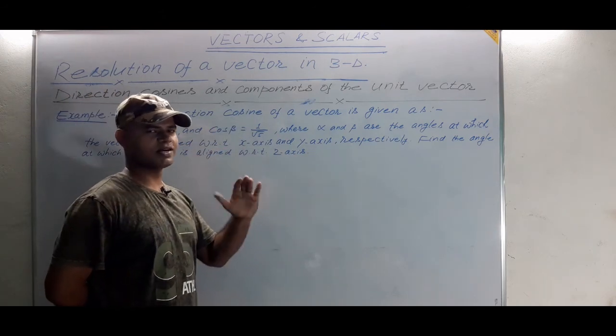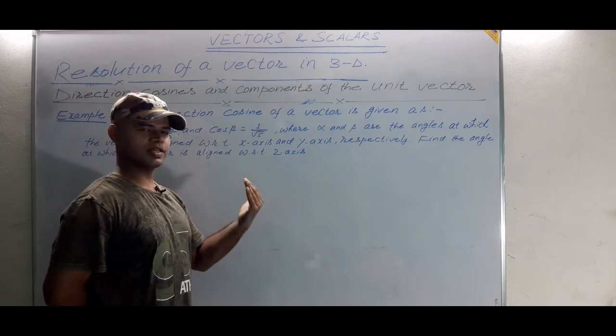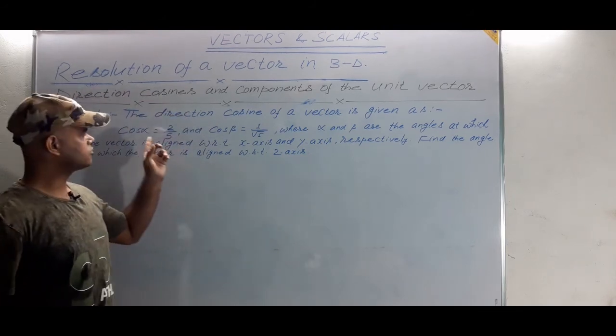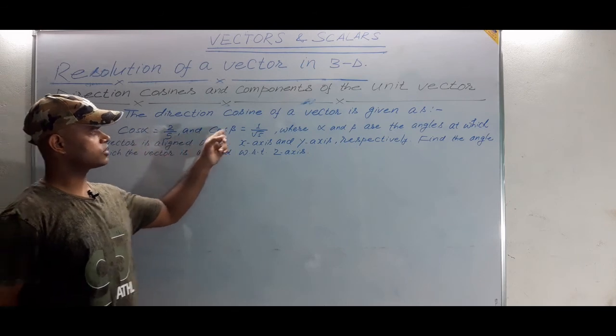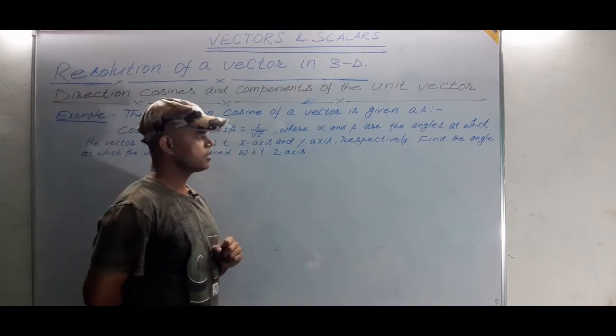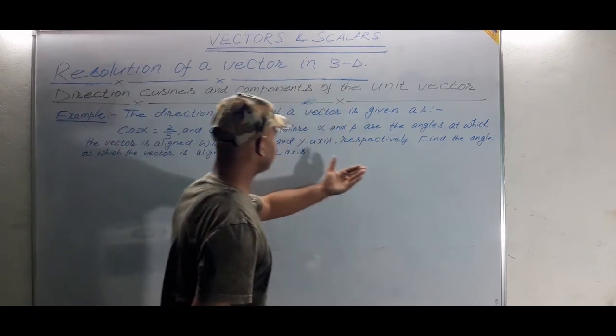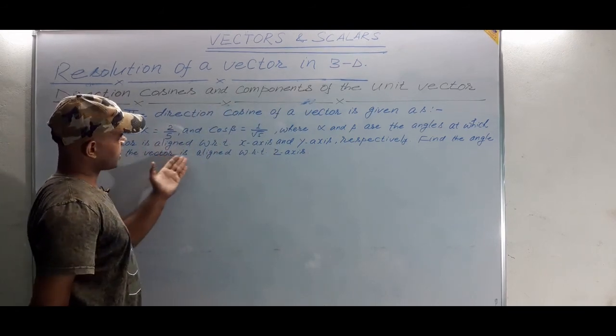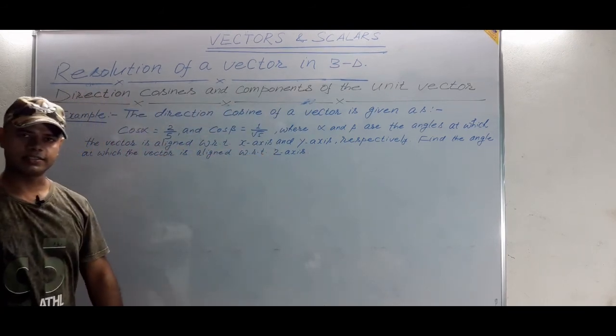As usual, alpha is with respect to the x-axis, beta is with respect to the y-axis, and the values are given. Cos alpha is 2 by 5, cos beta is 1 upon root 5. The question is, find the angle at which the vector is aligned with respect to the z-axis.